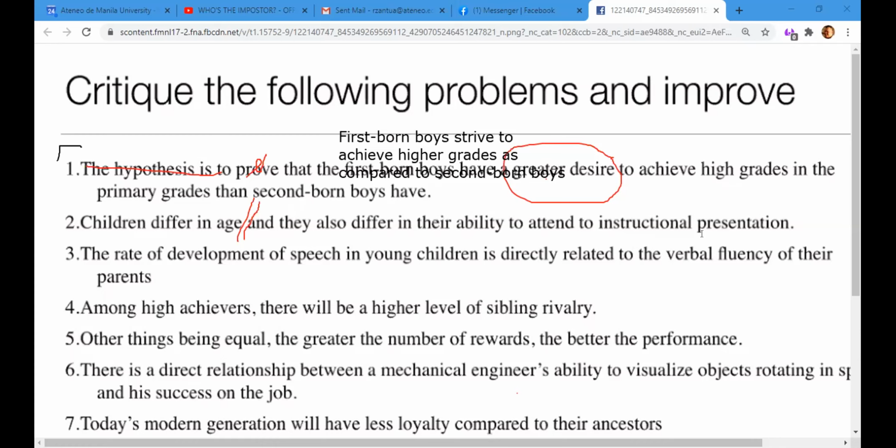Oh, wait. Naka-present tense tayo. Read of speech in the absence of reference.